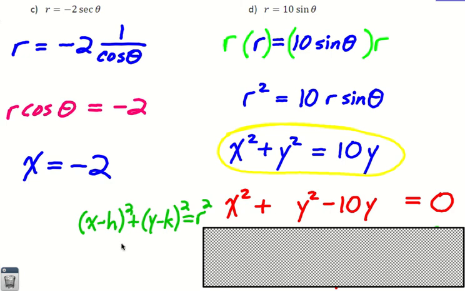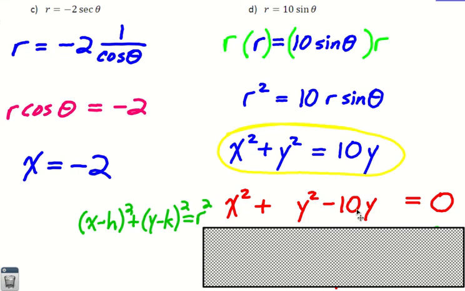Now, the x squared is a-okay, right? You know what I mean? Technically, this is like x minus 0 squared. But this, no. I don't want it to say y squared minus 10y.